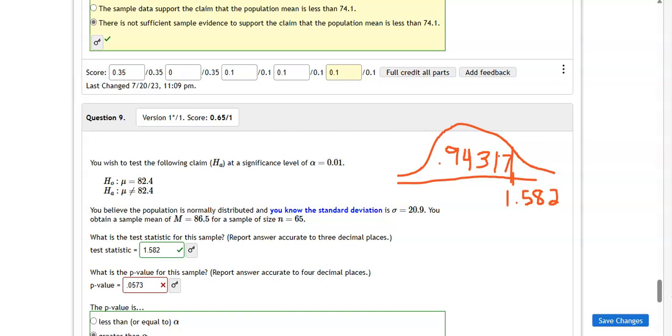Subtract from 1. 1 minus 0.943175 is 0.056825, and it looks like that's what you got rounded to 4 decimal places. We'll keep it as it is for this moment, though, because we have to do one more thing.